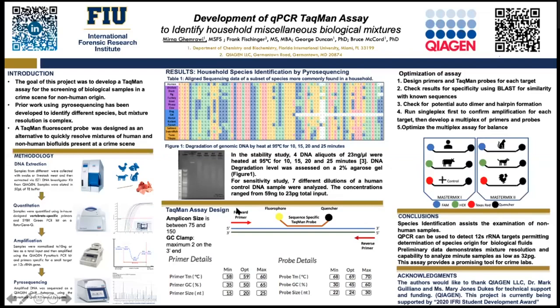Maybe while we're waiting for some questions to come in, I just noticed that I didn't talk about why we would need a positive control in our mixes in a TaqMan assay. So when we design a TaqMan assay, we have to make sure that our reagents, for example, are working just fine.